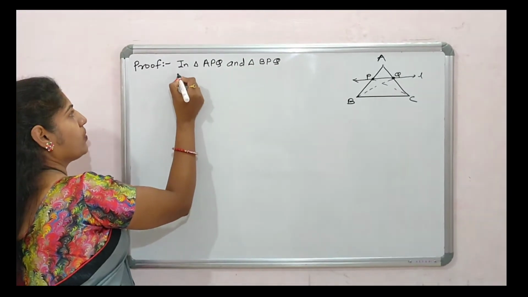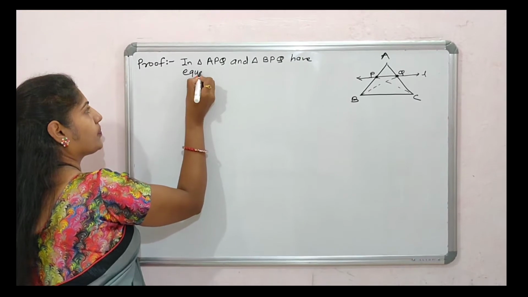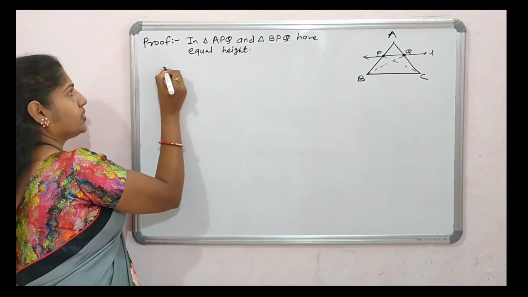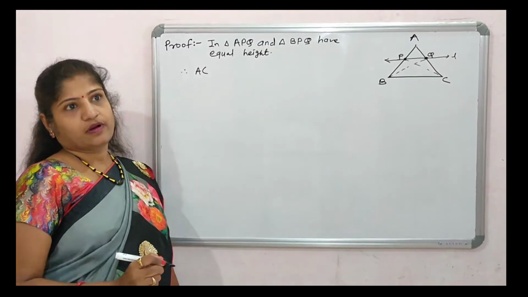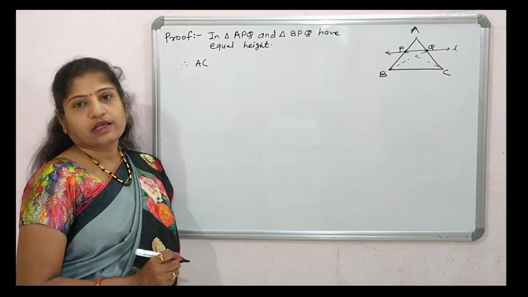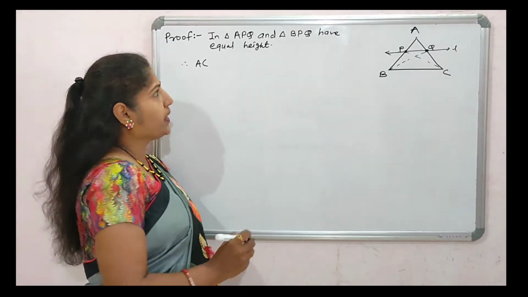So the ratio of the areas of two triangles with equal height is equal to the ratio of their corresponding bases.